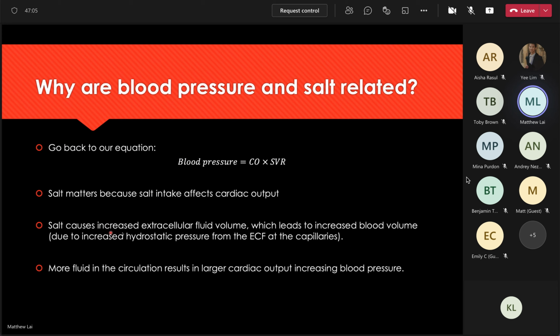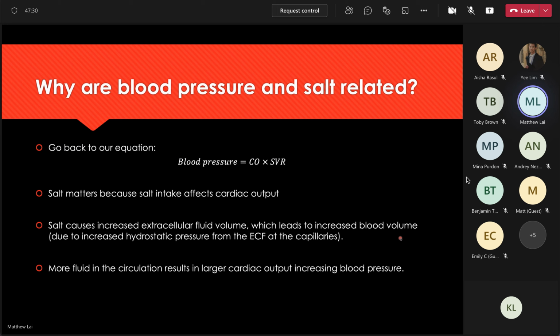Salt causes increased extracellular fluid volume, which leads to increased blood volume. And this is due to hydrostatic pressure from the extracellular fluid at the capillaries. So you can think of it as there's more extracellular fluid volume, and that pushes against the blood in the circulation. So you get a fluid shift into the circulation from the extracellular fluid.